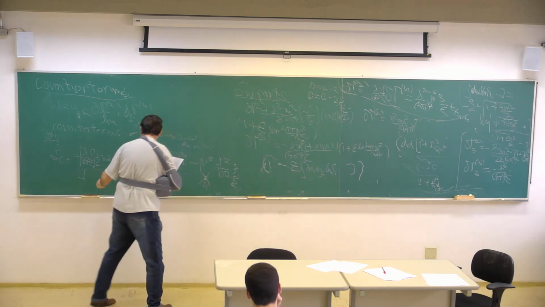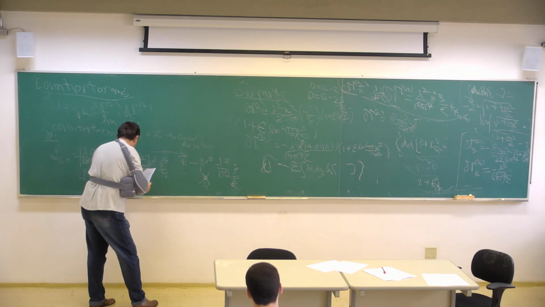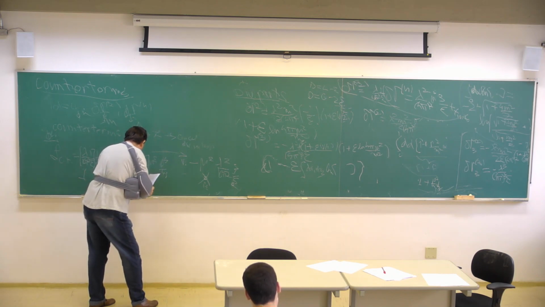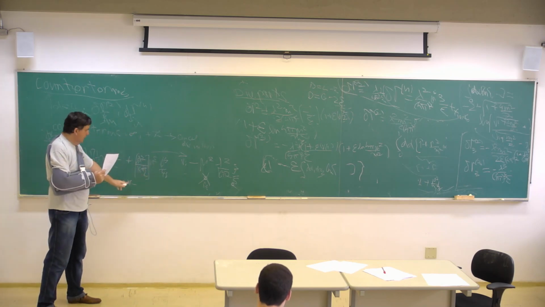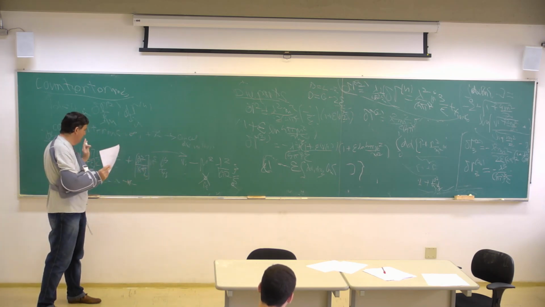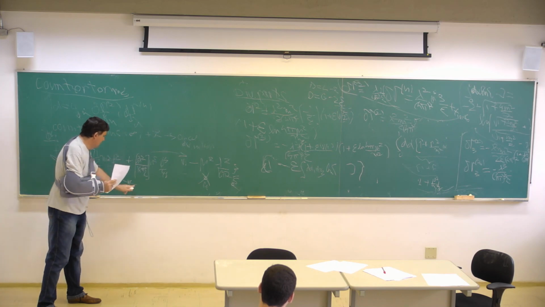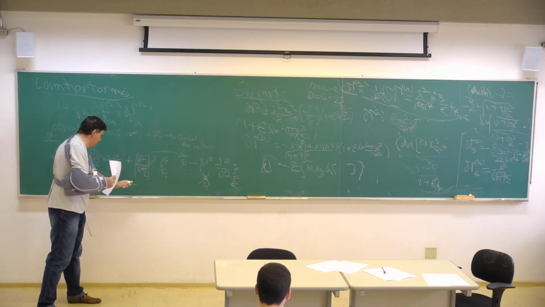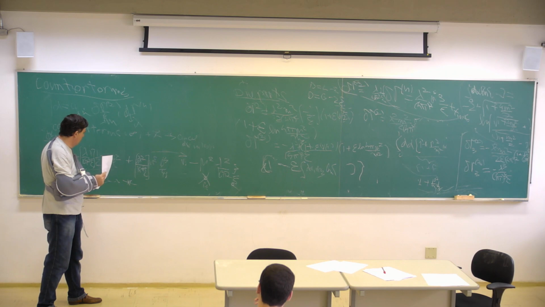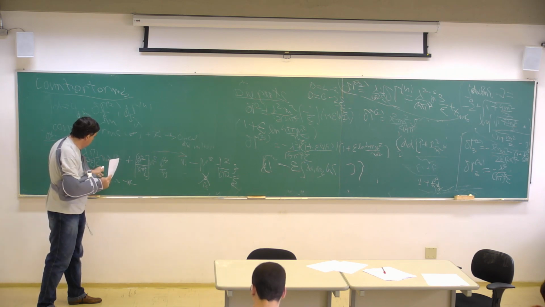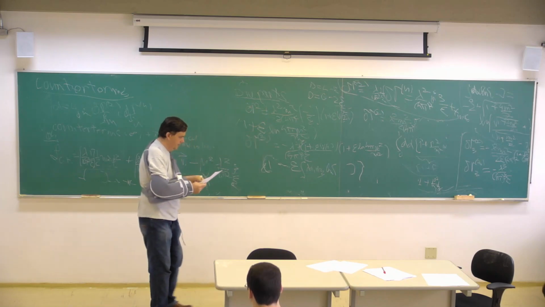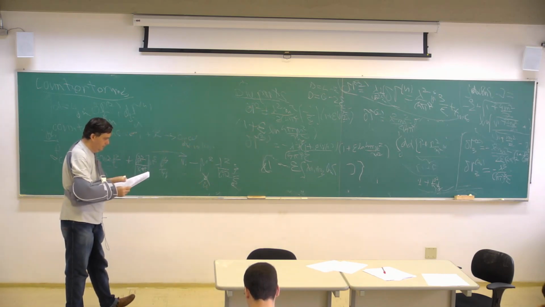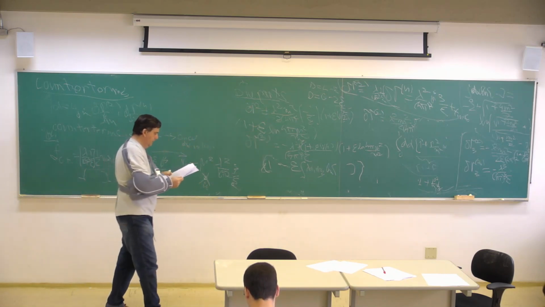So this would be a new vertex, quote unquote. It's a mass term, but think of it as a vertex if you want, coming from this counter term. This will cancel that divergence.